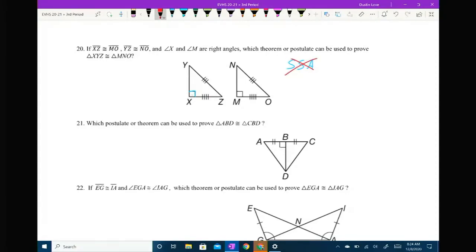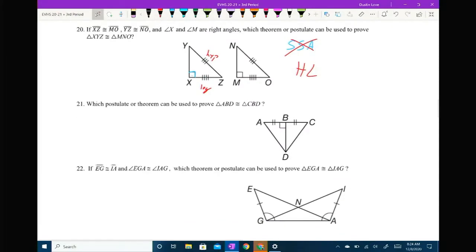This is a right triangle. In general use, SSA does not work. However, when we have a right angle, then yes, it can work because the right angle makes things a little bit more special and rigid. In that case, we call it hypotenuse leg. So that is by the HL theorem.